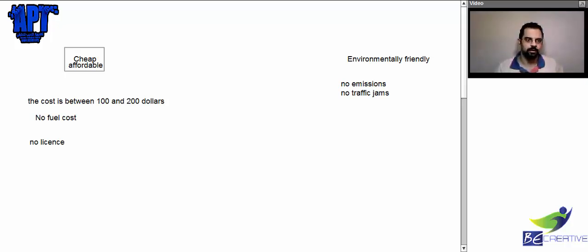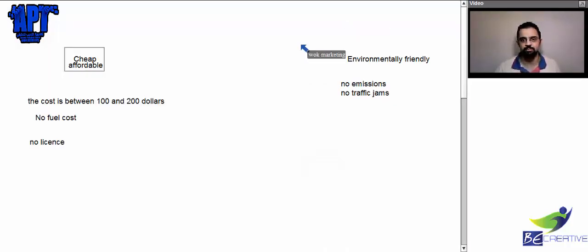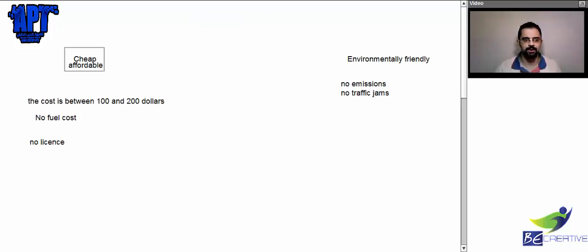Okay, so here we are. These are the supporting ideas for your key idea. And think about your own experience. You have to think about your experience now and use it to provide examples.